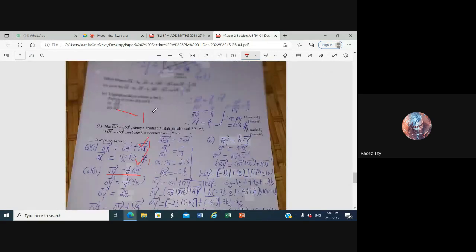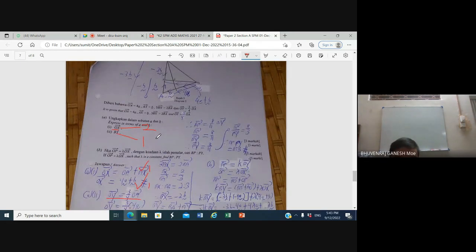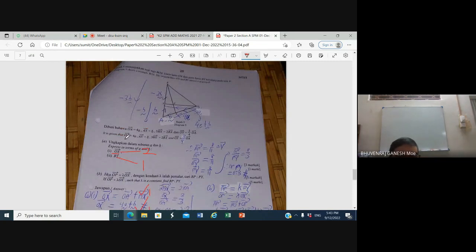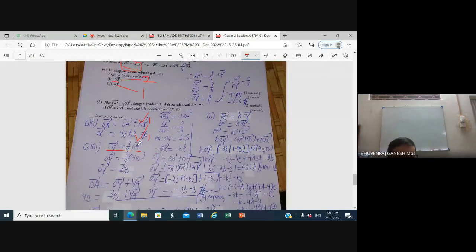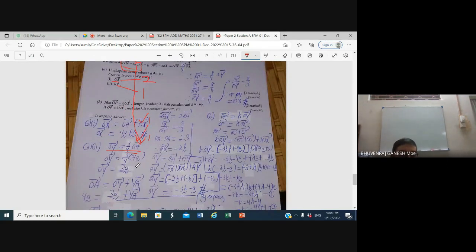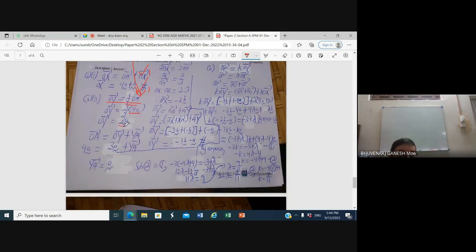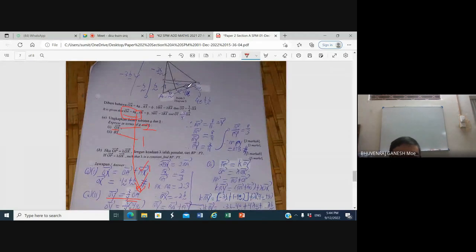OA is 4 times A. There, directly sub. 3/4 OA, so I can put the 4A inside this OA here. 3/4 times 4A, you get 3A. Means your OY is 3A actually.